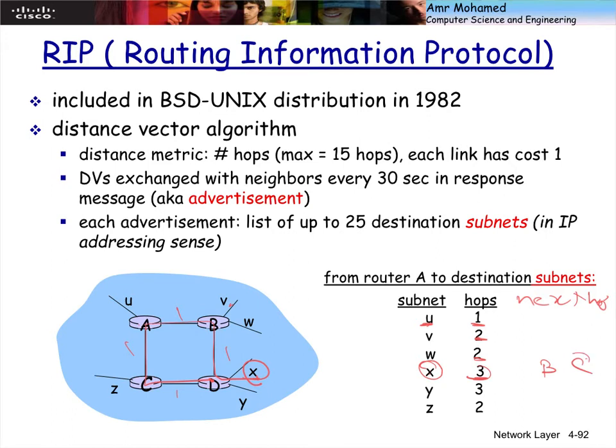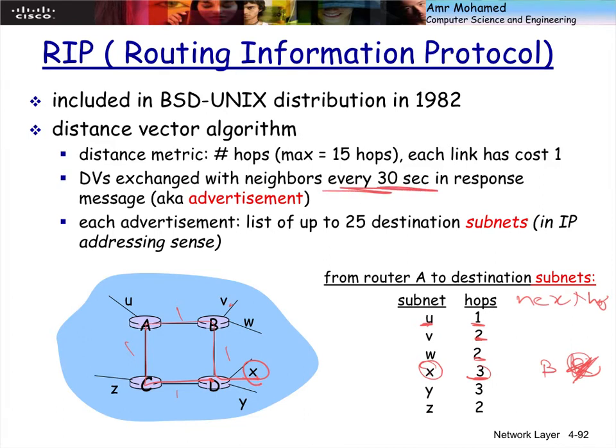It puts one of them in the routing table. So here the next hop will be either C or B. Why am I stressing this? Because OSPF actually uses both B and C. It stores both, and we'll see why.